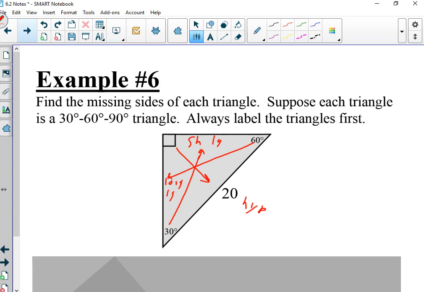So again, we want to get to our short leg. What's the relationship between the short and the hypotenuse? Multiply or divide by 2. So if we're going this way, we're going to divide by 2, which means it's going to be 10. Now going from the short leg to the long leg, we multiply by radical 3.